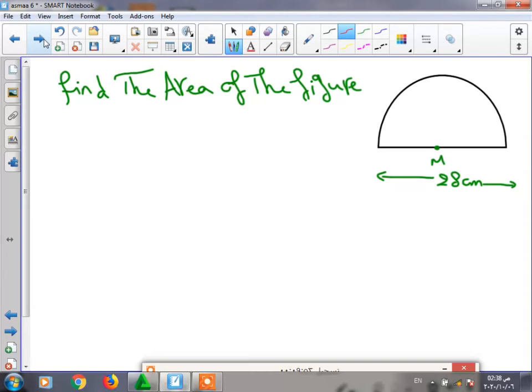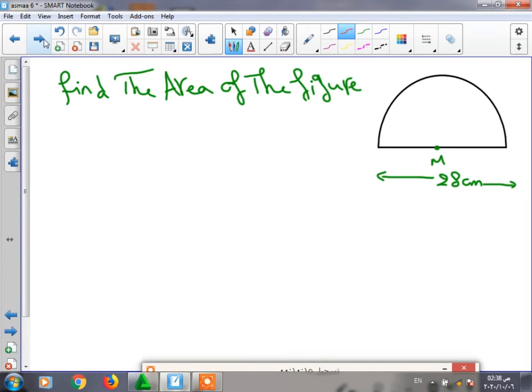The last example, find the area of the figure. Okay, is our figure now a circle? No, this is called a semicircle or a half circle. To find the area of half of this circle, we multiply the result by half.